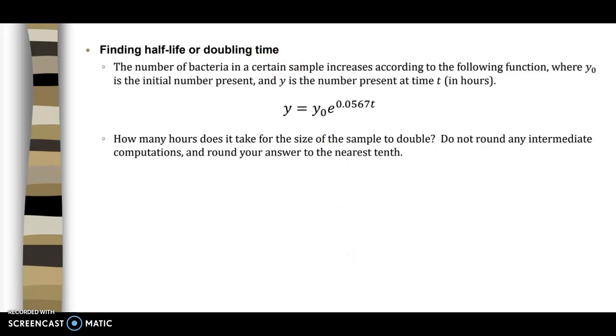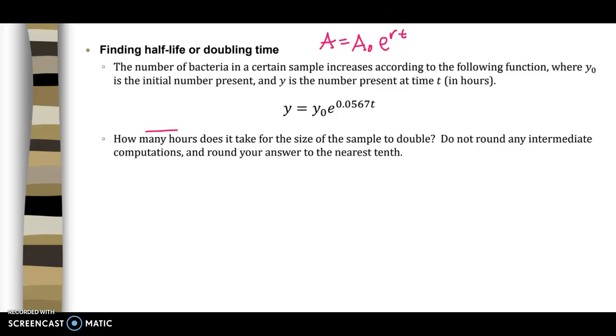Okay, so now let's go ahead and work on one that is doubling time. So here we're given a certain number of bacteria, and this sample is going to increase according to this function. Again, it's the same form, A equals A naught e to the RT. We're just using Y instead of A's. So Y naught is the initial amount present, and Y is the number present at time t in hours.